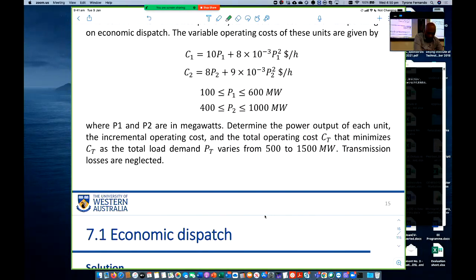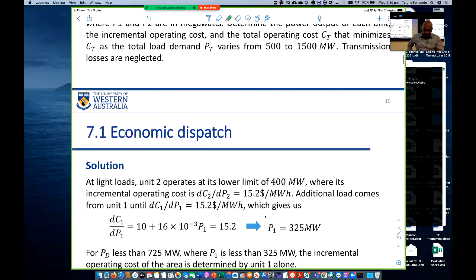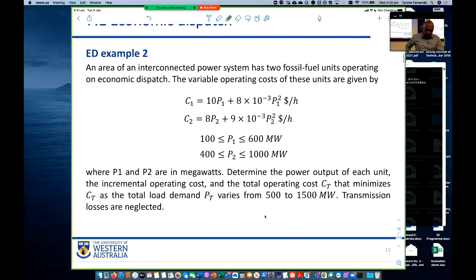So at light loads, if the total demand is smaller, this generator 2 needs to provide 400, right?